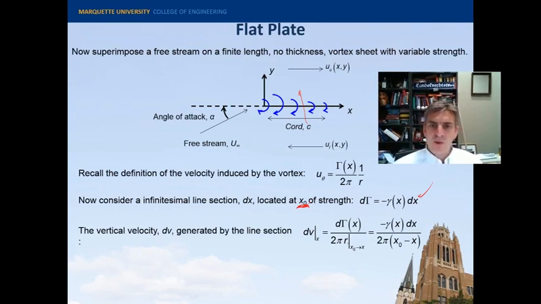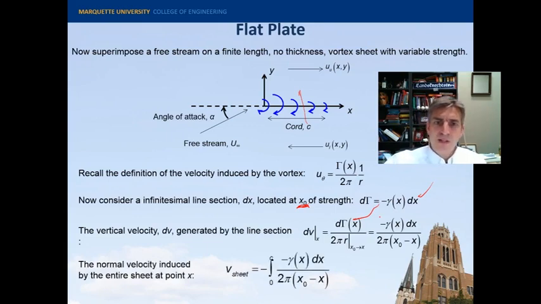So r is evaluated at x naught, extending into the x direction. So it's the influence of this little line segment on the y velocity locally. Just substituting this in, I get this expression wholly in terms of x.